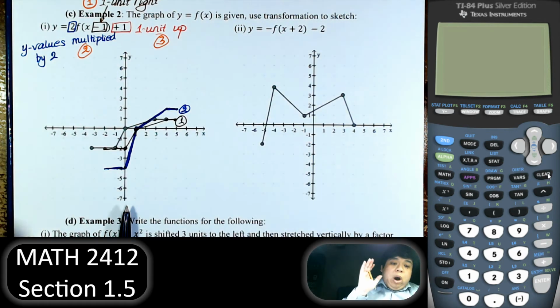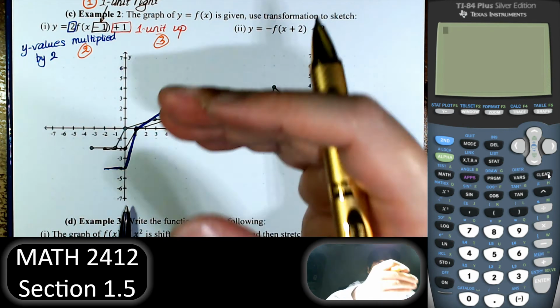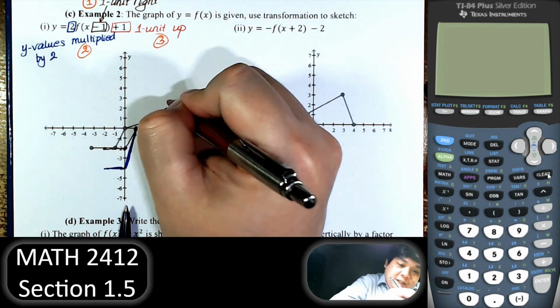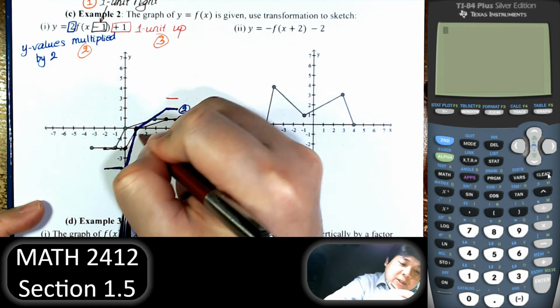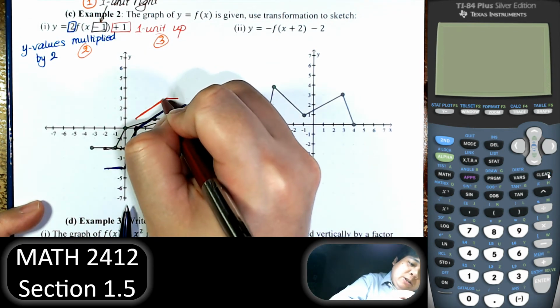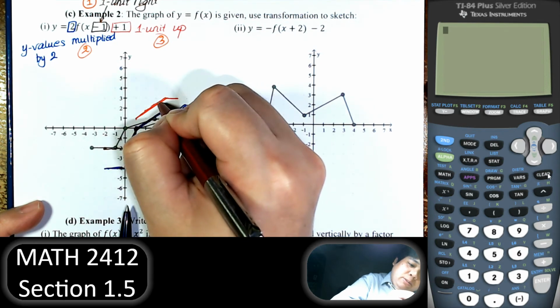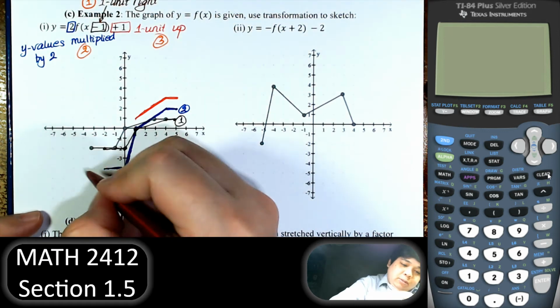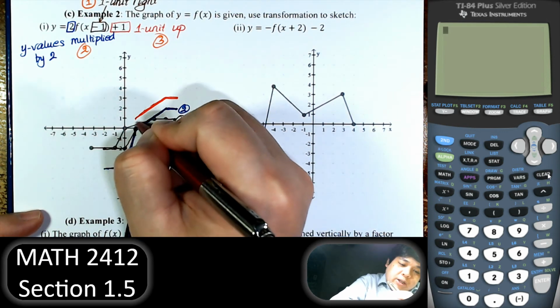So 1 unit to the right, and then stretch by 2, and at the end move 1 unit up, so that's easy. One unit up.